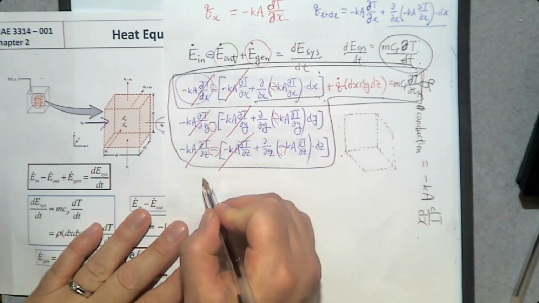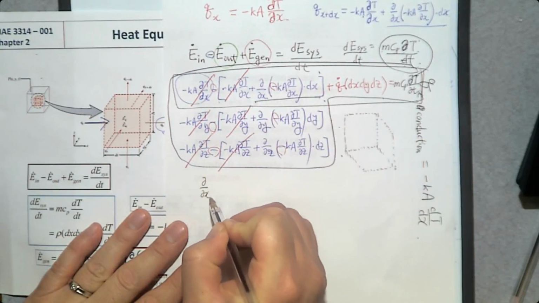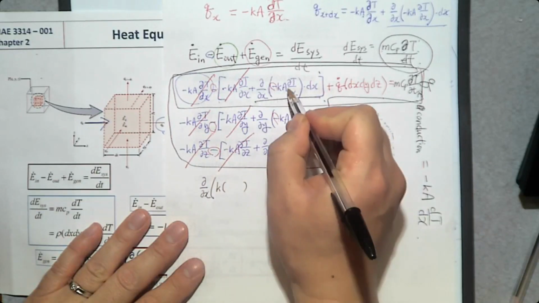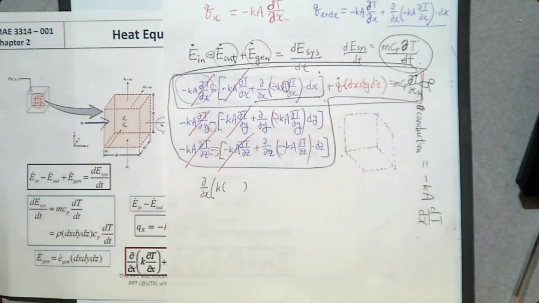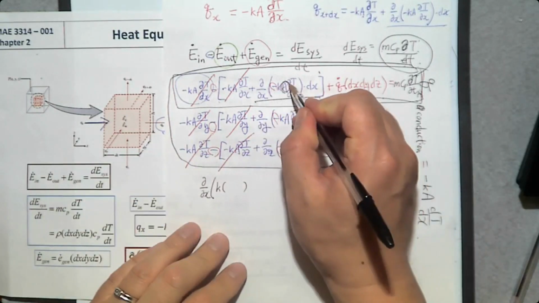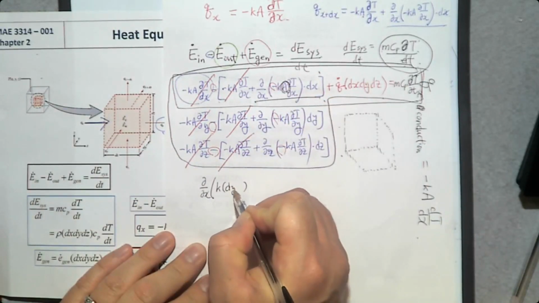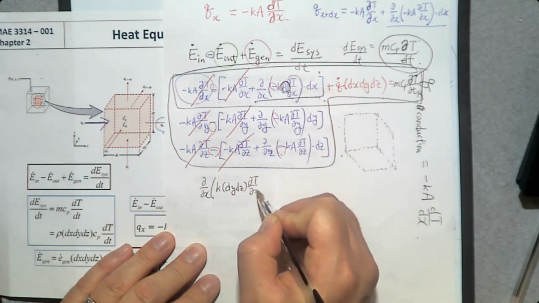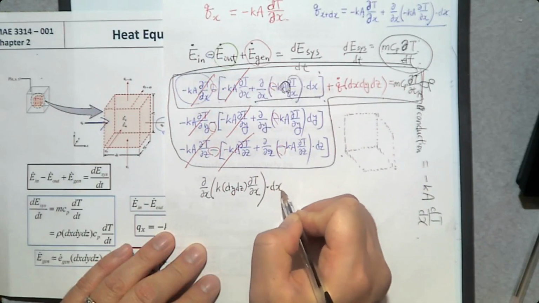So this one first, partial over partial x, kA. Then what is this area? This area is the cross-sectional area in the x direction, right? So how do you determine this area? dz times dy. So this area is going to be dy times dz, and partial T over partial x times dx.